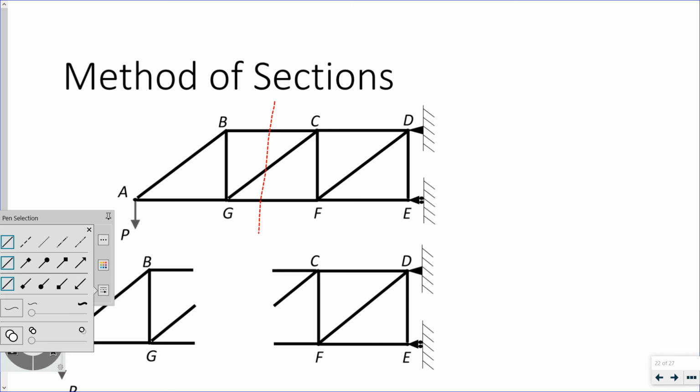If I look at my truss as a whole, I have a reaction at D in the x direction and a reaction at D in the y direction and a reaction at E in the x direction.